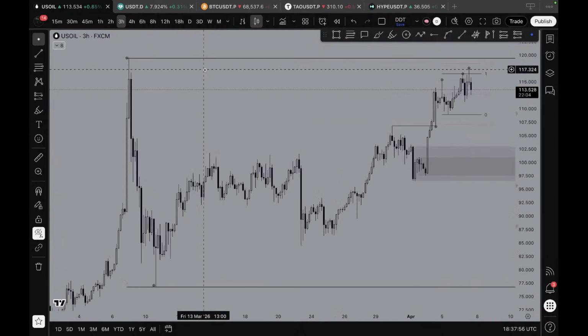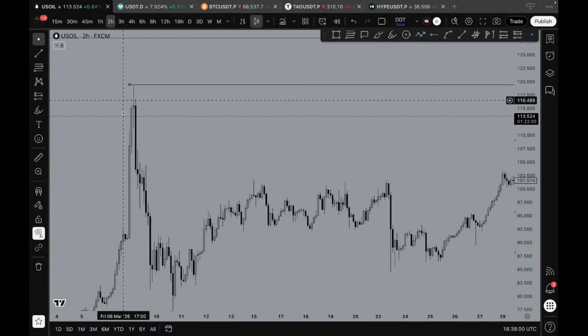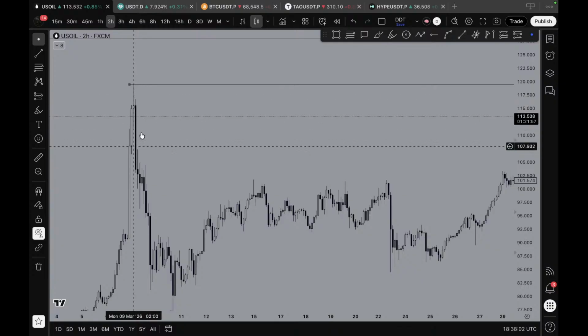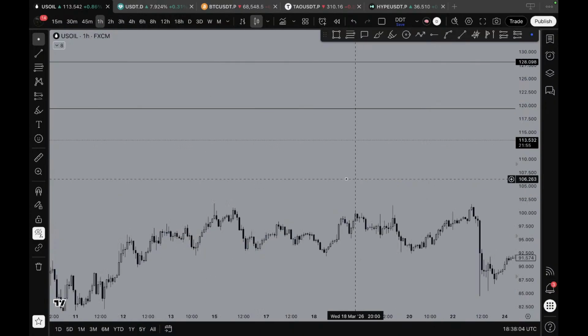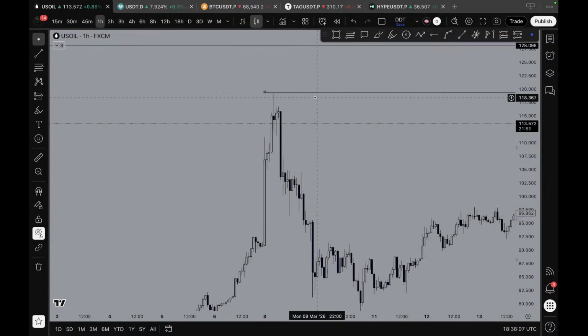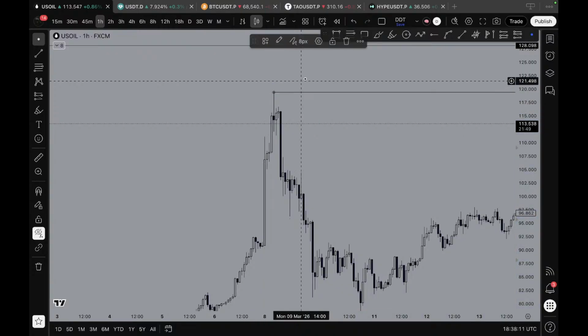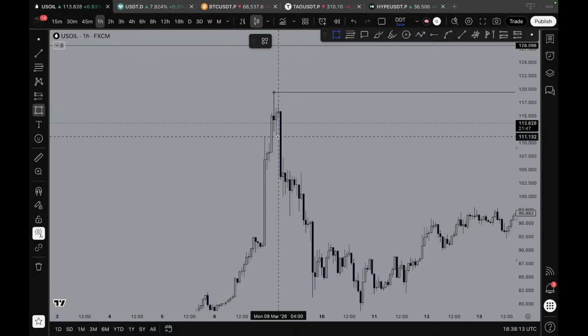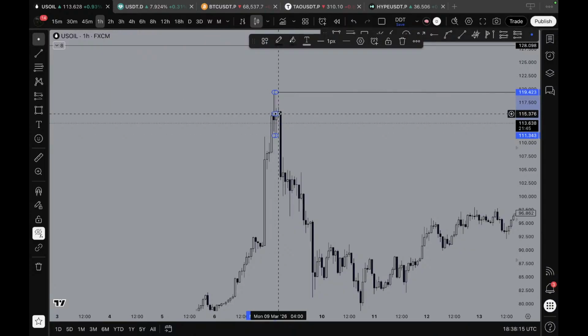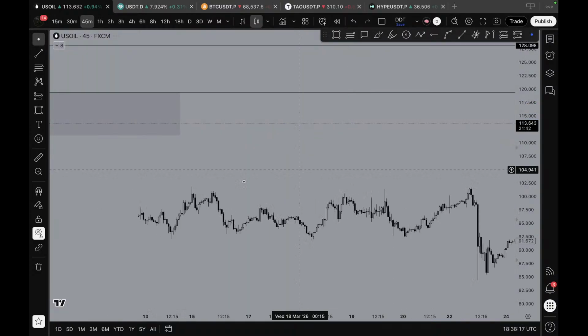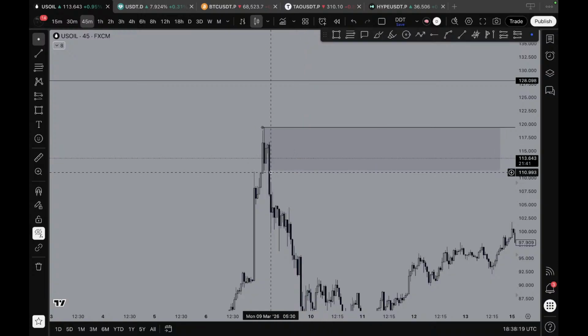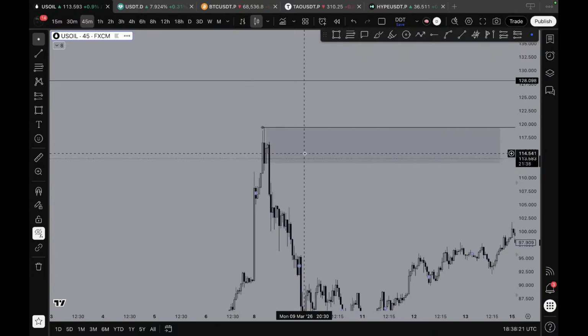And then we had some supply here. This was the last buy to sell, so 2 hour supply. But besides that, okay, I see we have some more, this is more refined. And then this is even more refined.